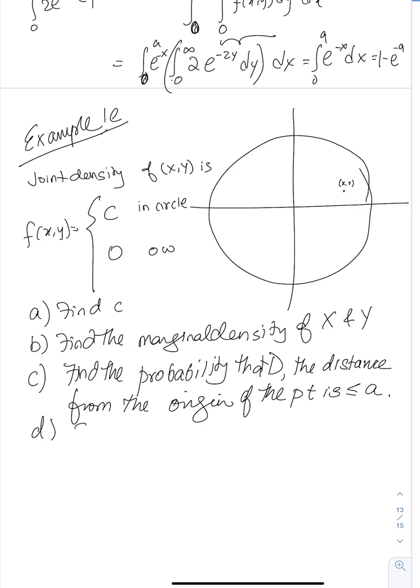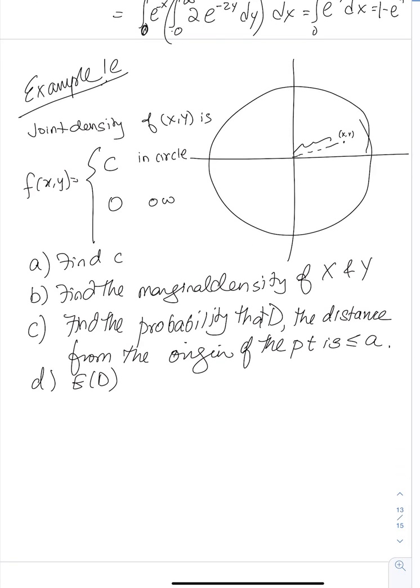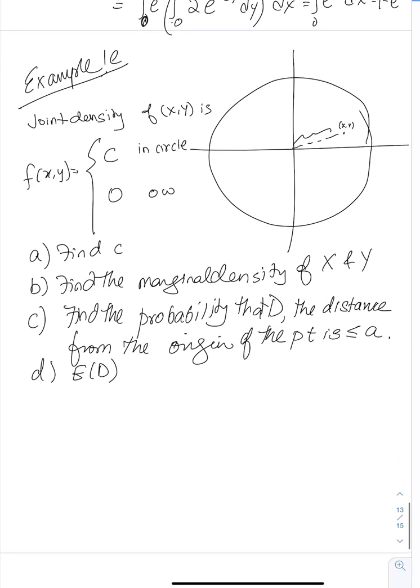And part 4, find the expectation of D. So what is this D? D is the distance of the point from the origin. That's a random variable D you've created from X and Y.